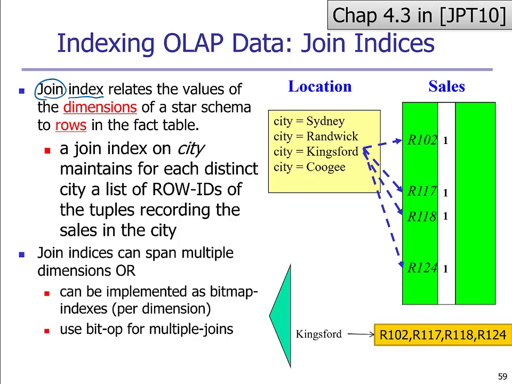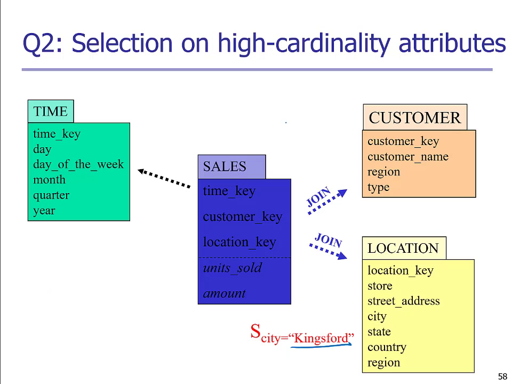For example, if we're going to build an index on cities, the index would be on top of this location table, and the keys are the cities, where the value you store is the location ID, because here we have a location key and city.